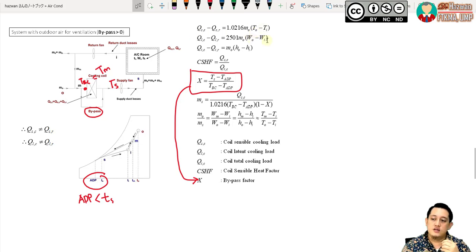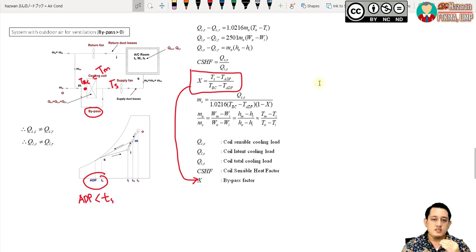For the latent heat, we can also use the mass flow rate of the outside air, and WO is the humidity ratio of the outside air. For the temperature difference between coil and room, we can also use this equation. HO here is the specific enthalpy of the outside air. And to calculate the coil sensible heat factor, this one is still the same.